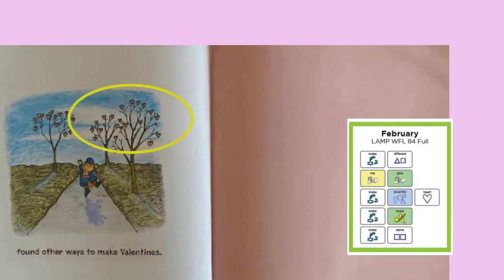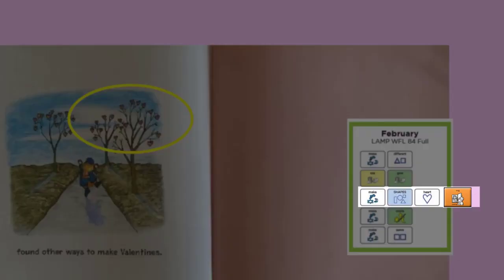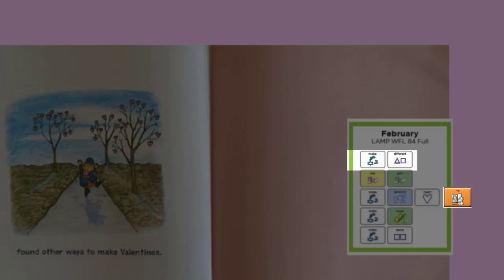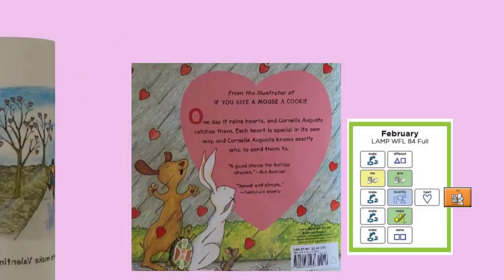Look at those trees. I see hearts growing on those trees. I've never seen hearts grow on trees before, have you? That is really different. Maybe you'll make some Valentine cards with hearts. The end.